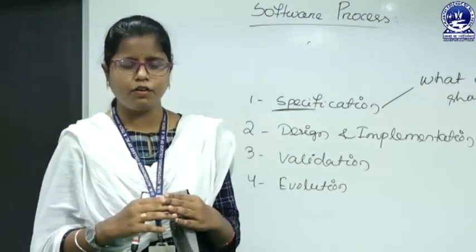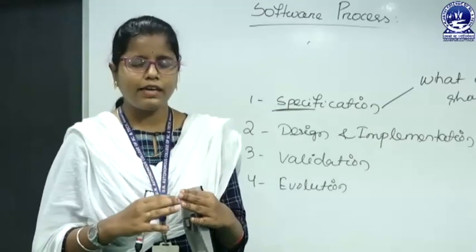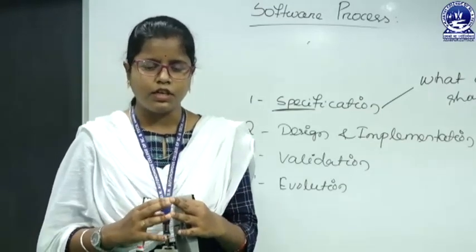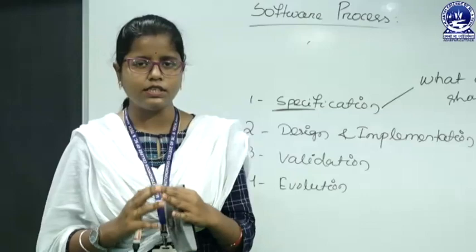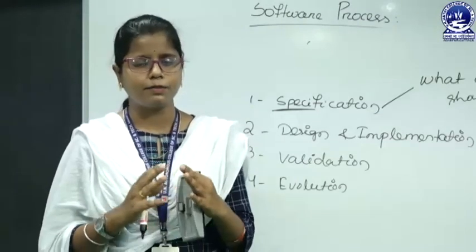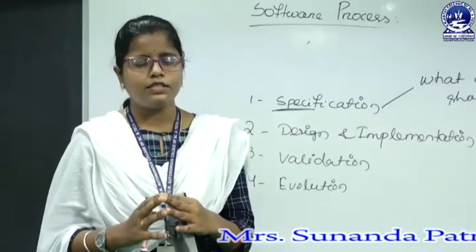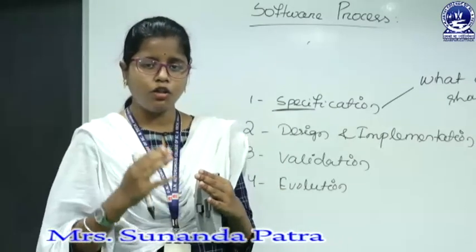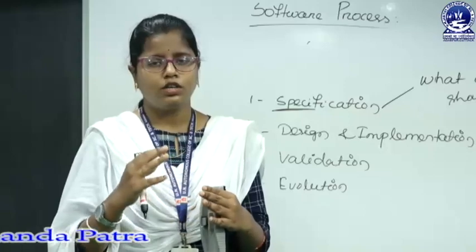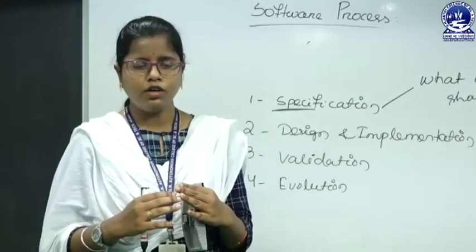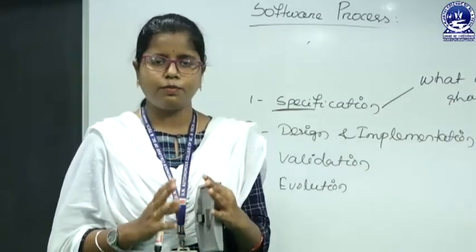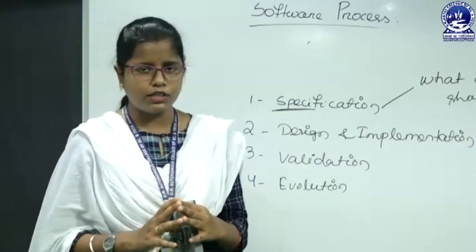So there are different functions provided by the college management software. Those functions and services should be defined in the specification phase. So the outcome of the specification phase is a big document where all the functionalities and services that are going to be provided by the software are defined. So this is the specification phase.